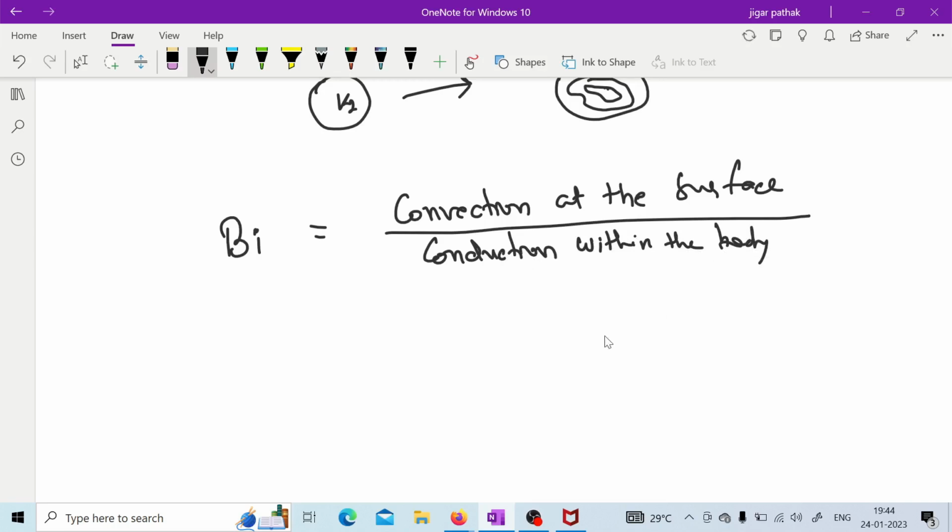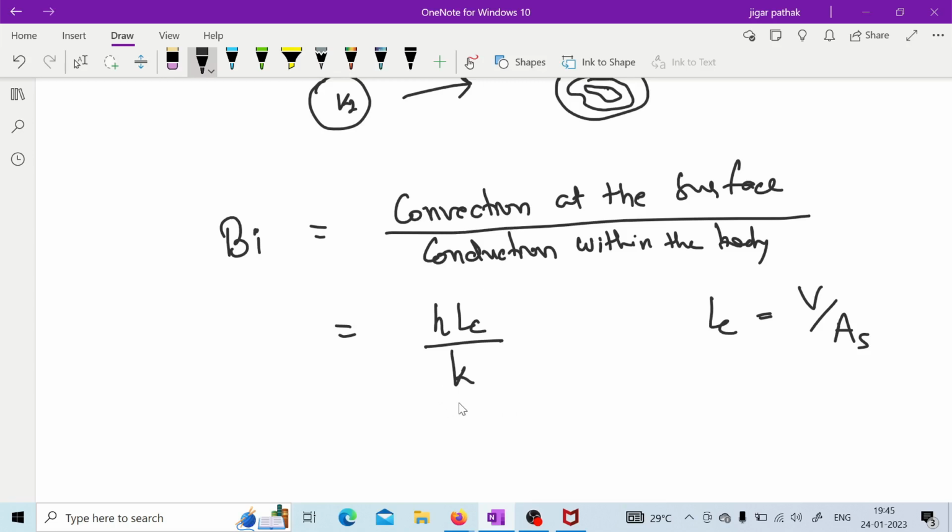So if you write both, then you can come up with hLc by k, where Lc is the characteristic length, which can be calculated by volume upon surface area. So here the convection is hAΔT, and here it is kAΔT dT by dx. This is simplified to hLc by k. So this is known as the Biot number, and here it is written in terms of convection and conduction.